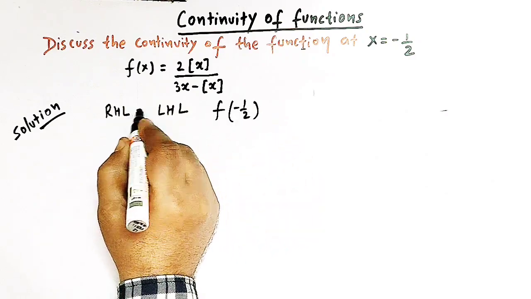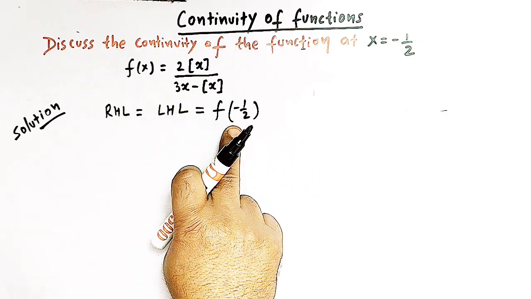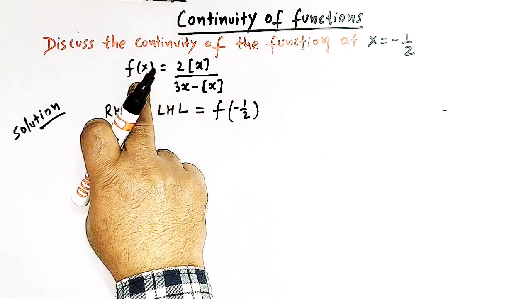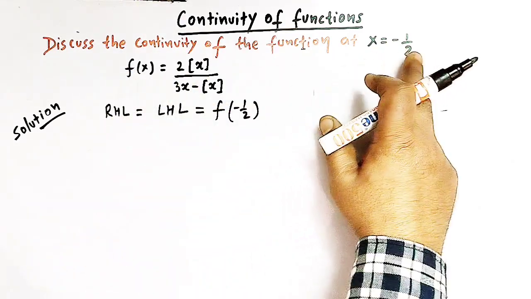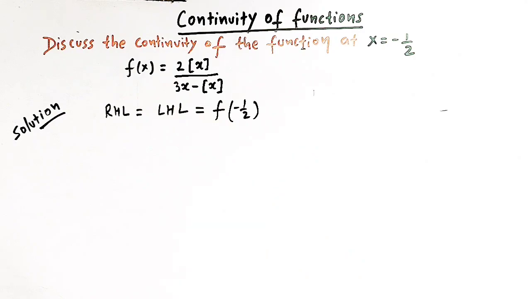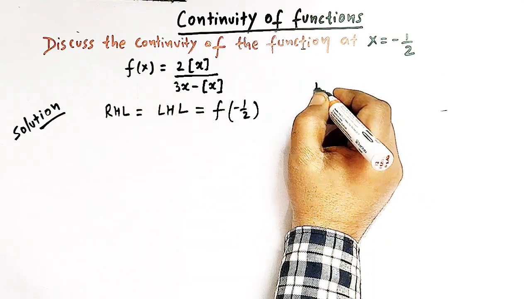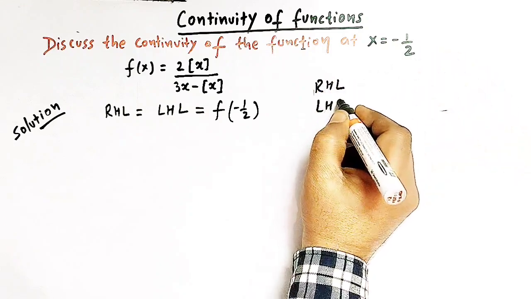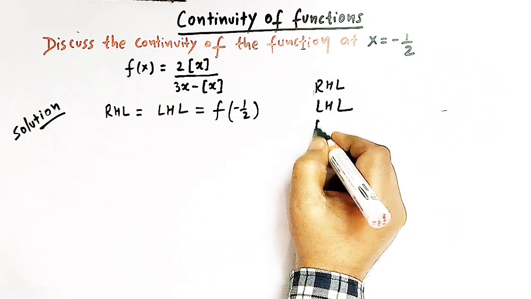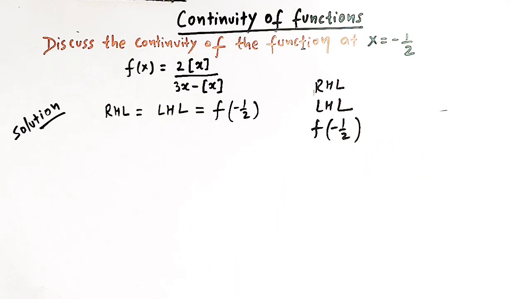And if these three quantities are equal to each other, then we can claim that this function f of x is continuous at x is equal to minus half, right? So we'll first find out the right hand limit at this point, then we'll find the left hand limit, and then we'll calculate the value of f of minus half.